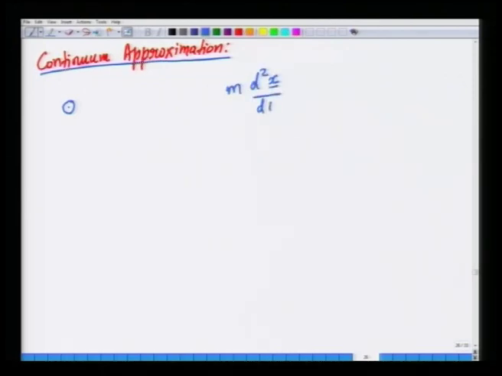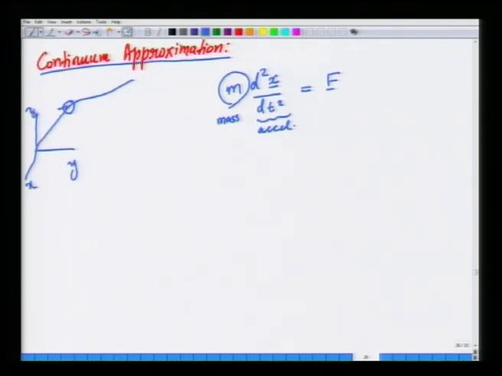There, you are interested, for example, in the motion of a point particle under the influence of some forces. The fundamental equation that describes the motion of point particles is Newton's second law of motion, which says that the mass of a particle times its acceleration is the sum of forces. Suppose you have a coordinate system x, y, z, and let x vector of t be the position of a particle that is moving as a result of some forces with time. The velocity of a particle is the rate of change of its position or its displacement.